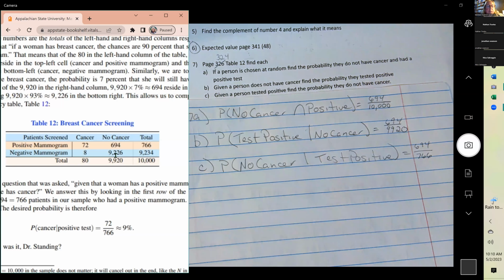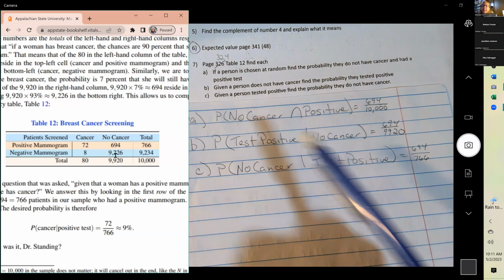When you're finding probabilities, it's up to you. Unless it specifies, you can use the fraction, the decimal, or the percent. If you're like the next part, we're asked for the sensitivity or the specificity. Those are percents.